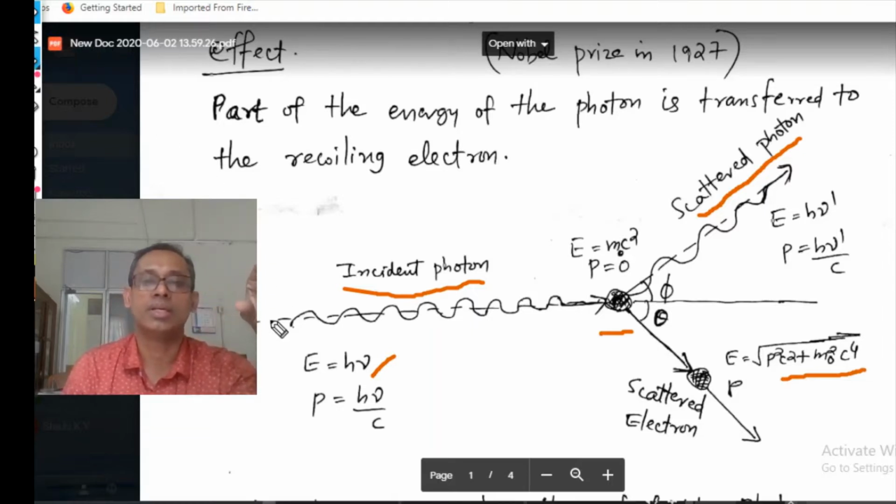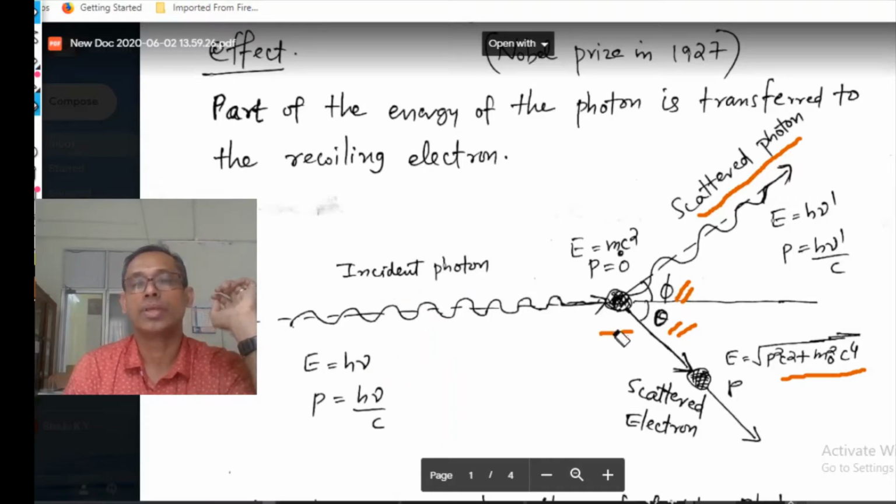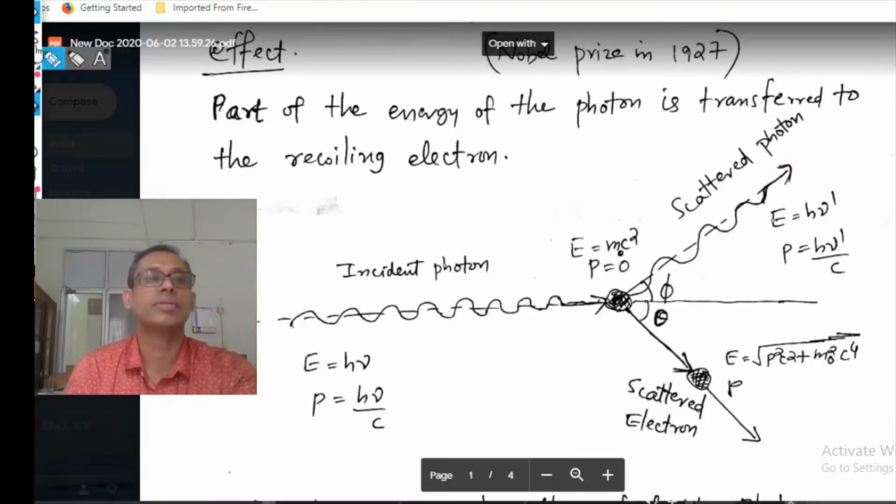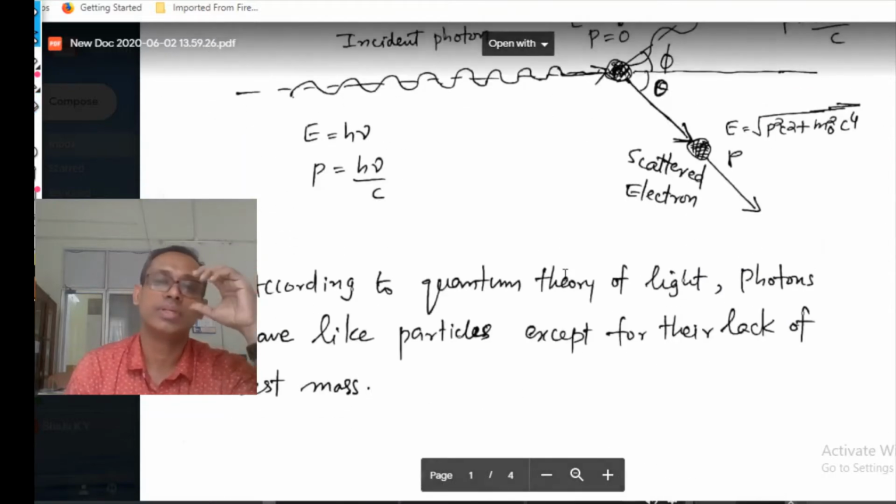So this is the situation here. An incident photon is being scattered by an electron which is at rest, and here phi is the scattering angle for the photon, and theta is the scattering angle for the electron. This is the incident direction. We want to calculate the shift in frequency or the shift in wavelength during this scattering process.